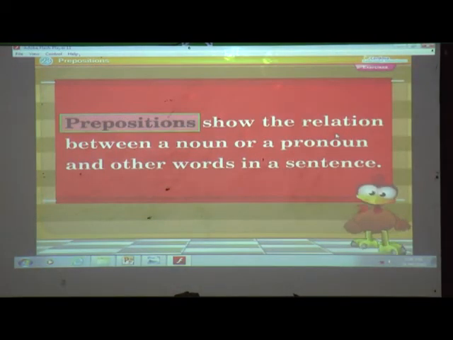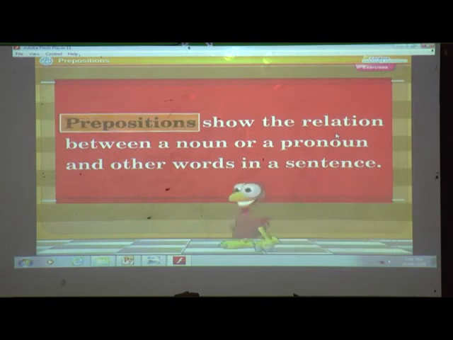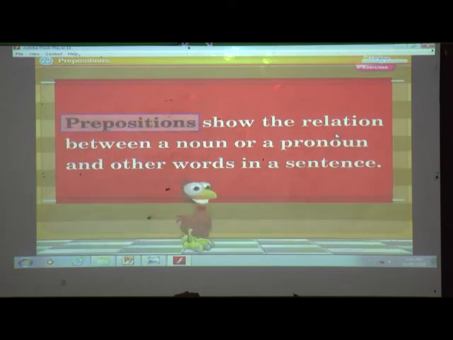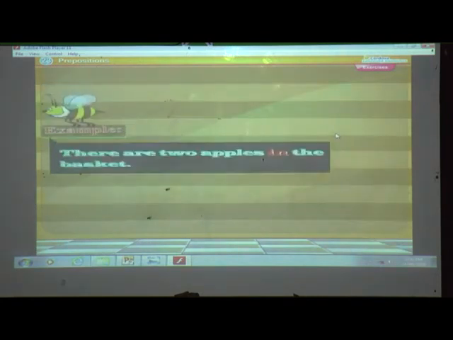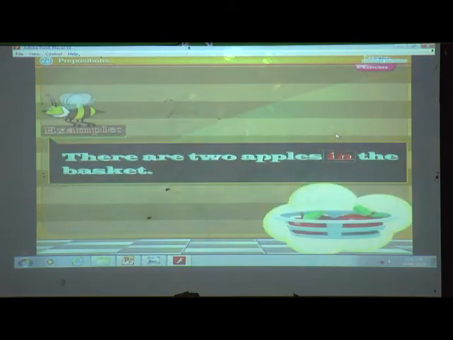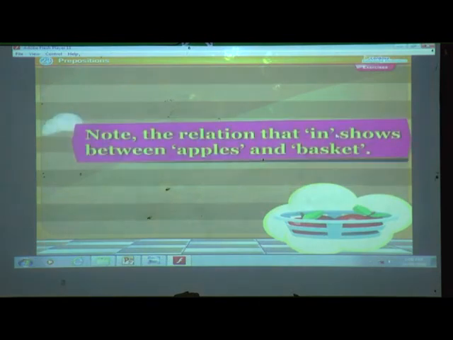Prepositions. Prepositions show the relation between a noun or a pronoun with other words in a sentence. Example: there are 2 apples in the basket. Note the relation that in shows between apples and basket.